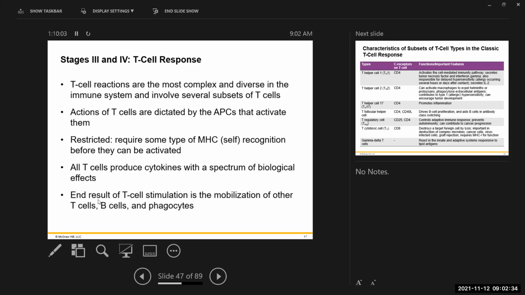All right, so the T cell, depending upon the type of antigen that is presented to it, will respond in one of several ways. It's going to make cytokines. Now, one of the first cytokines it makes is interleukin 2.